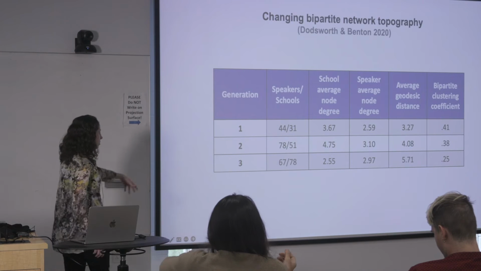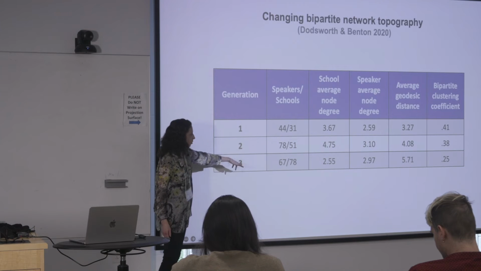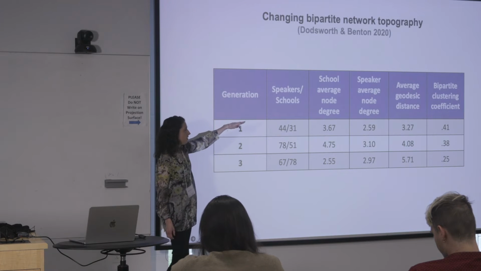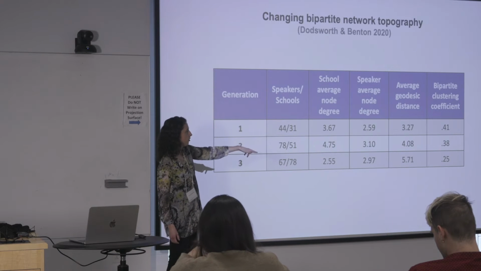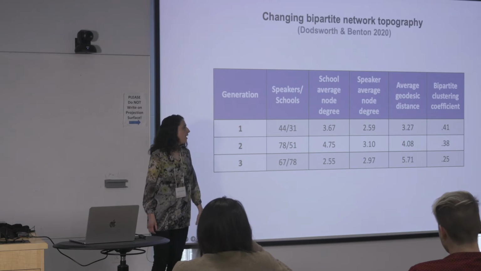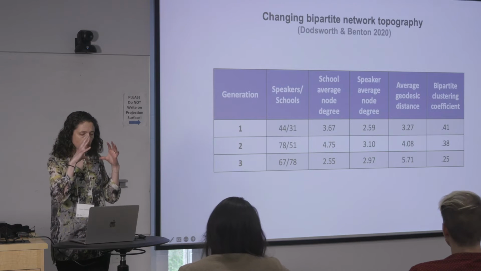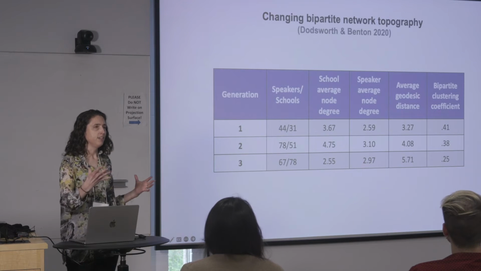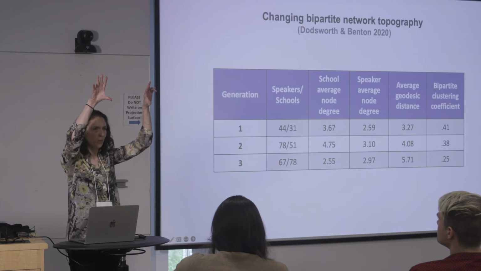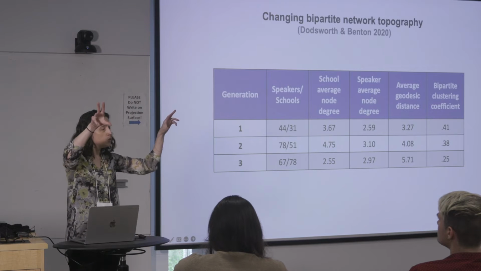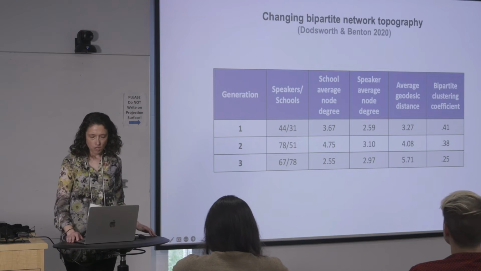In generation 1, you had more speakers than schools in this sample, and then that changes over time. And you can see the average geodesic changes over time. It just climbs and climbs, and then the clustering coefficient also falls. And that all is just stemming from the fact that as we move on in time, we get this well-developed North Raleigh, right, with all of these very new schools and people variously attending magnet schools all over the city.